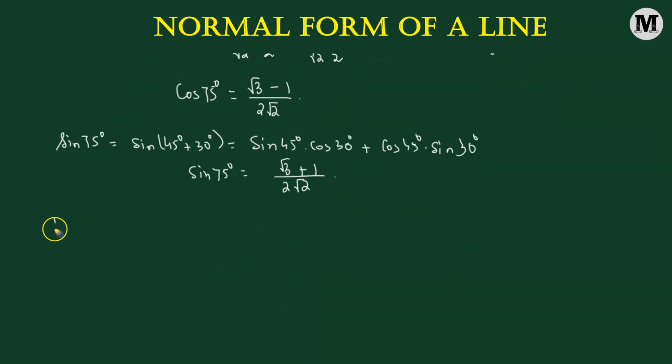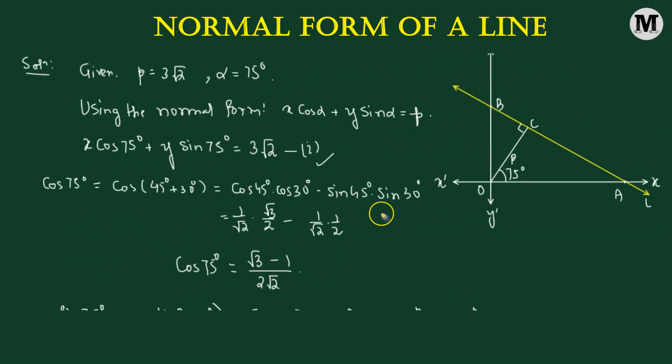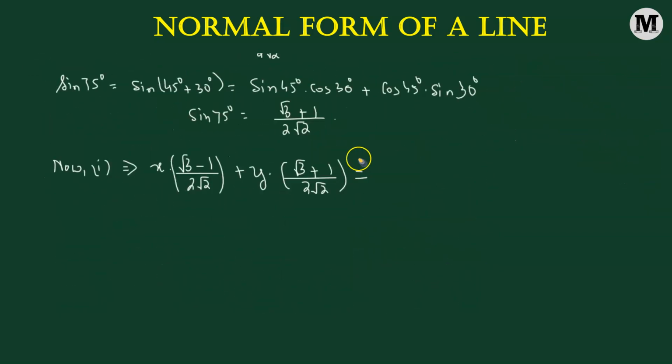So now equation number 1 follows that we have x times cosine of 75 degrees, that's square root of 3 minus 1 divided by 2 times square root of 2, added to y times sine 75 degrees, which we obtained as square root of 3 added to 1 divided by 2 times square root of 2. This is going to be equal to the perpendicular distance, which is 3 times square root of 2.